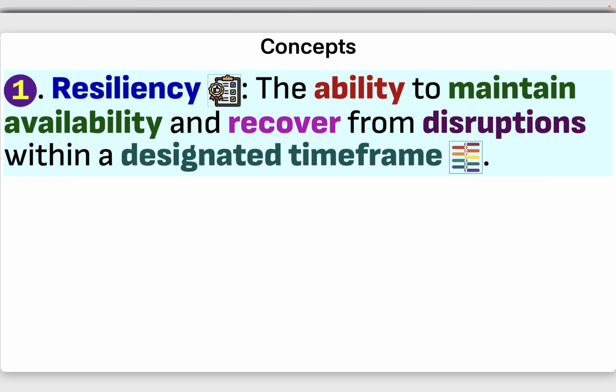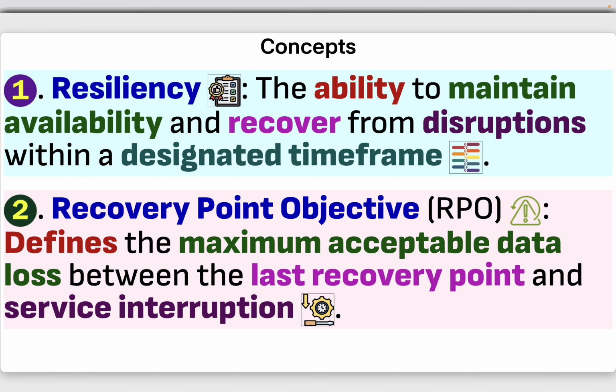Resiliency is the ability to maintain availability and recover from disruptions within a designated time frame. Recovery point objective defines the maximum acceptable data loss between the last recovery point and service interruption. So just remember, recovery point objective measures how much data you can lose. Let's say you take a backup every 12 hours or 24 hours.